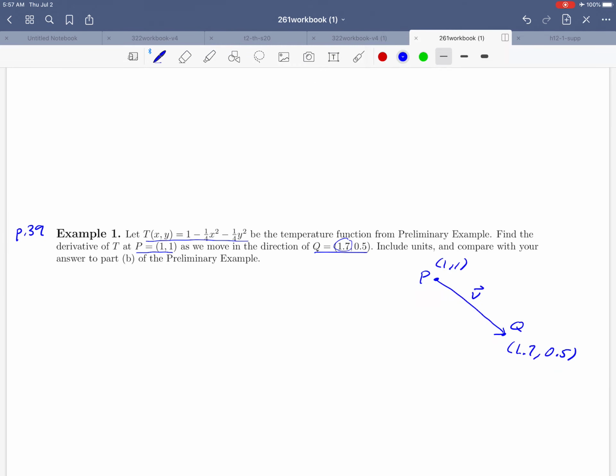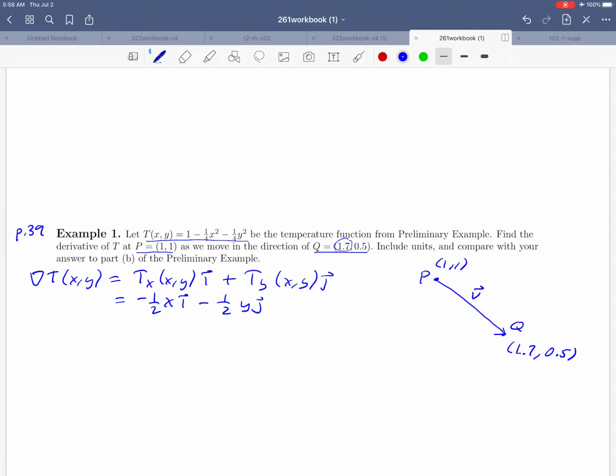Well, the gradient we actually calculated already when we did the preliminary example. That just involved taking the derivatives with respect to x and y. I'm just going to write out that formula again. Those two derivatives wound up being minus a half x i minus a half y j.